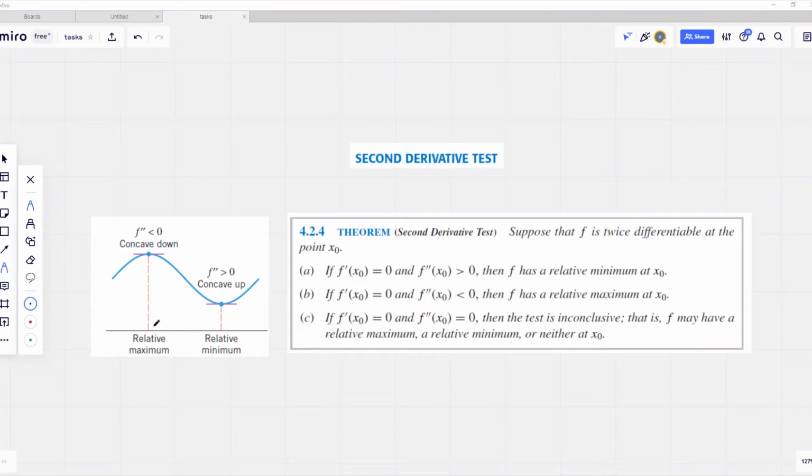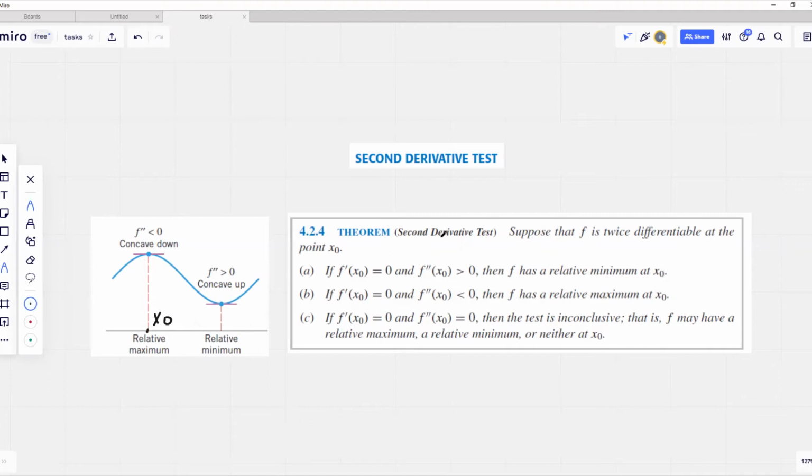This is true since, by one of the definitions of concavity, a concave down function lies below all of its tangent lines, meaning that the whole graph will lie below its tangent line at the point x0, which is, let's say, a stationary point, meaning that we'll have a relative maximum in this case.